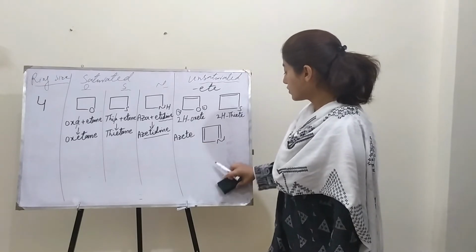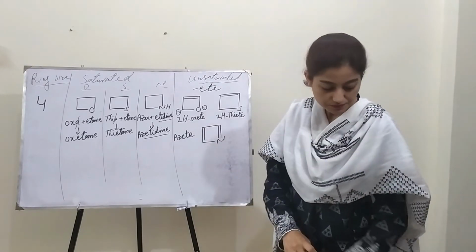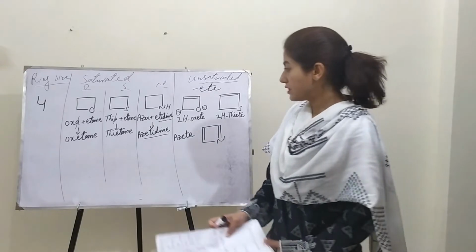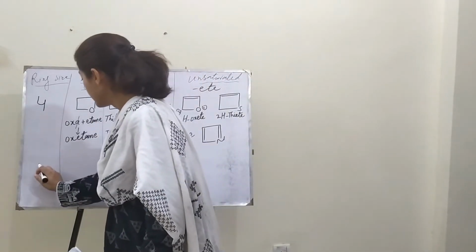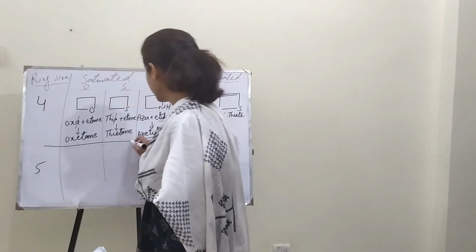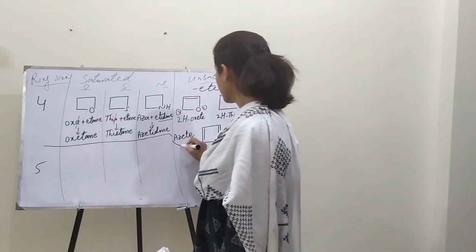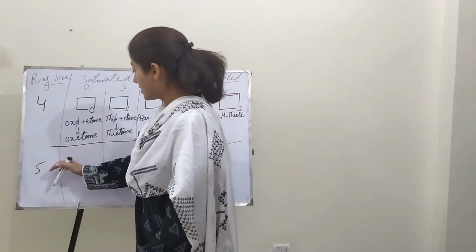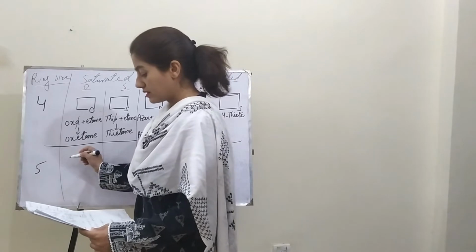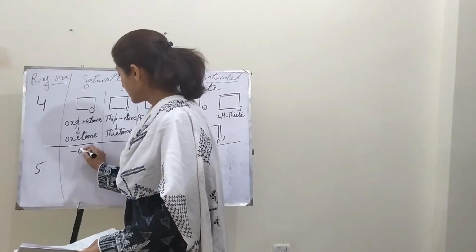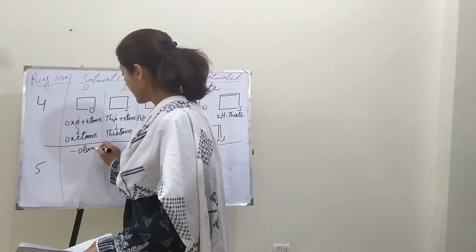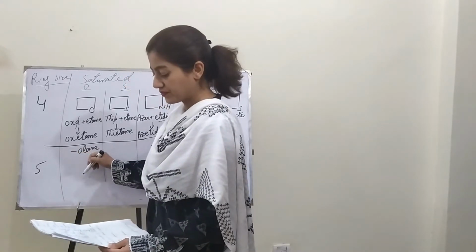Now, in the case of the five-membered ring, so here in the case of the saturated system, that would end in olane.